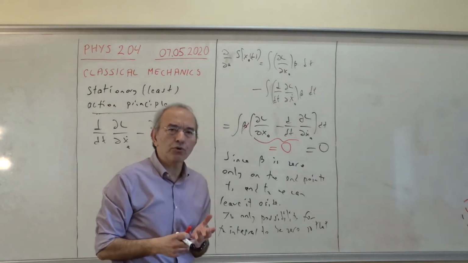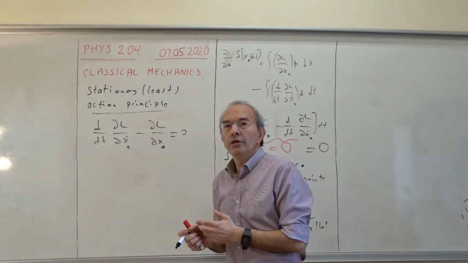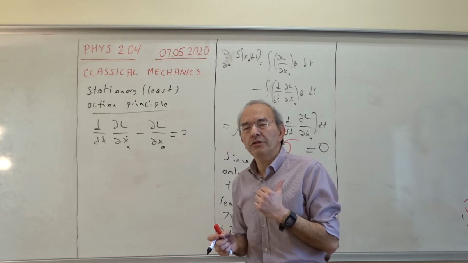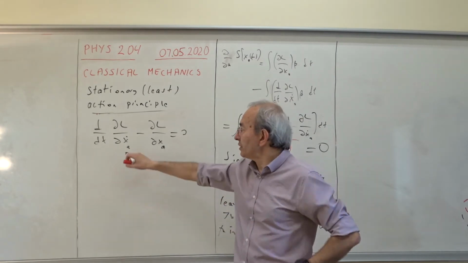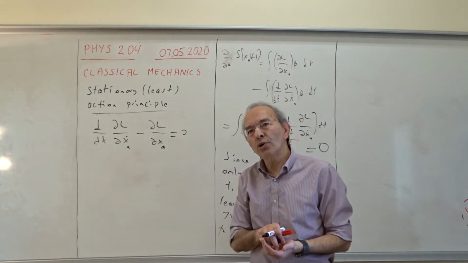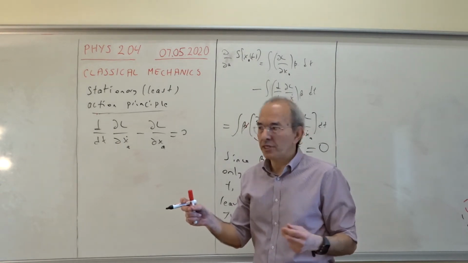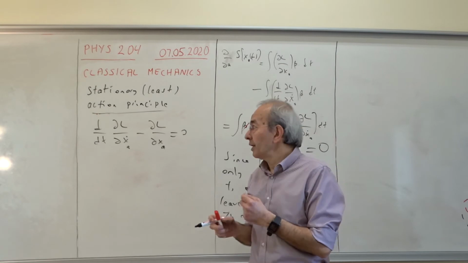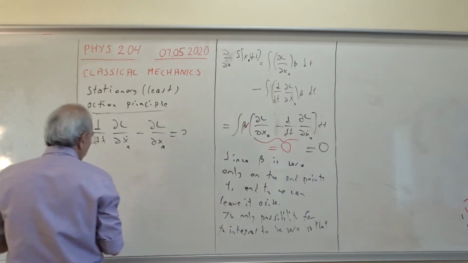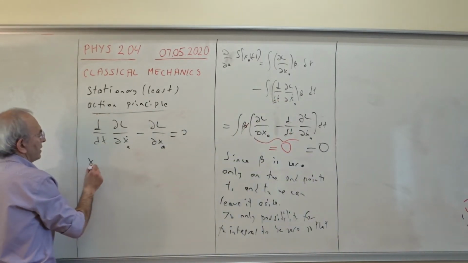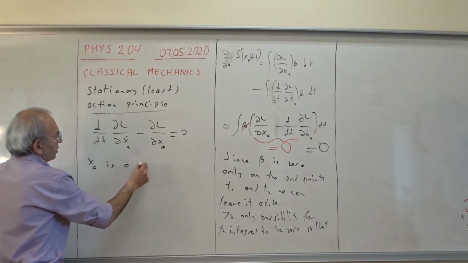For example, in some problems, as we solved in the previous lecture, this xa can be a generalized coordinate. Let me write it as a note: xa is a generalized coordinate.